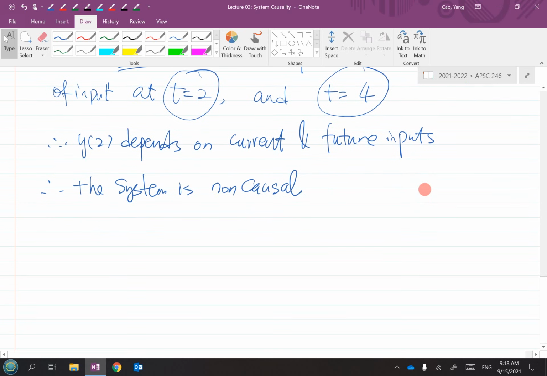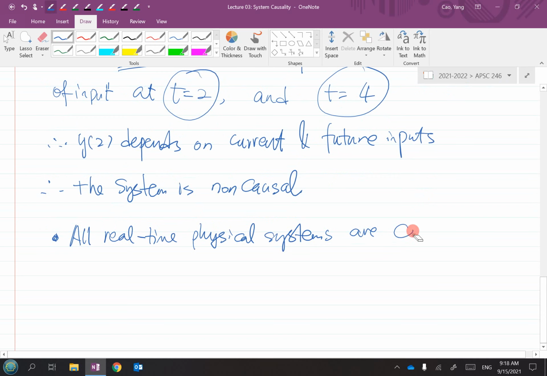So a few comments here. First of all, all real-time physical systems are causal.